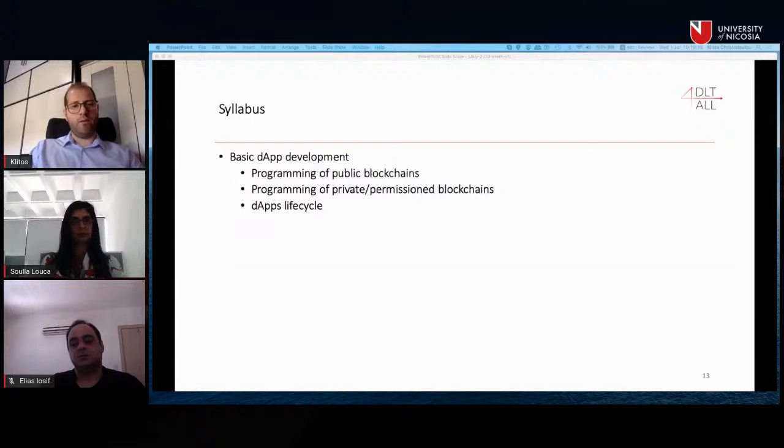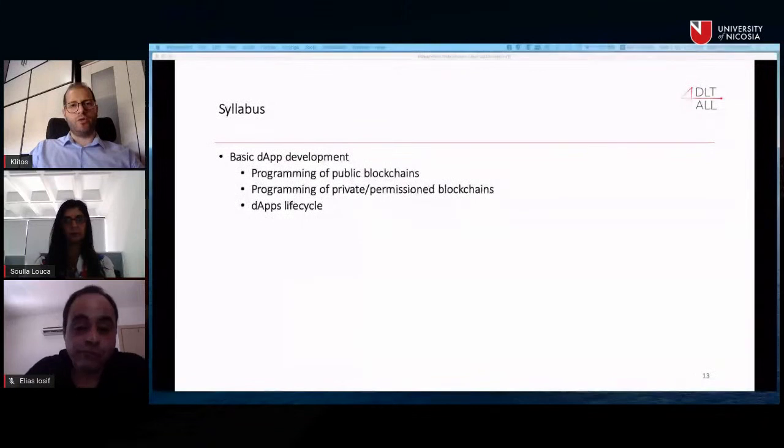This again will be illustrated with the use of open source tools. We will be showing how you can deploy your own private network and then test and deploy your smart contracts, again with the use of scripts and automating the procedure.